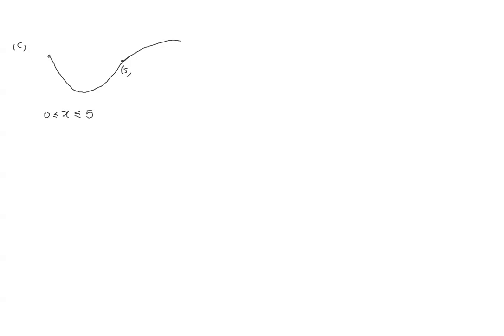Is it because from 0 to 2 the gradient is increasing from negative to 0, and then from 2 to 5 it is increasing from 0 and then upwards? Yeah. So how do I know? I go by the shape.